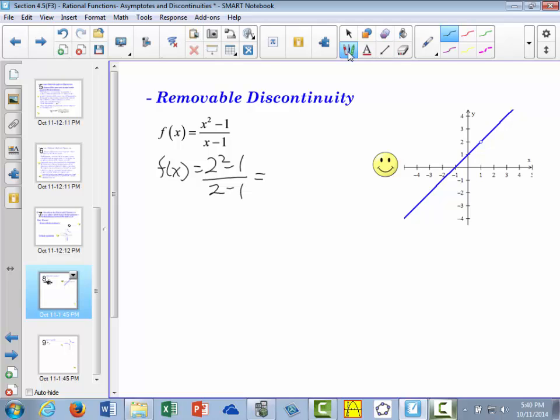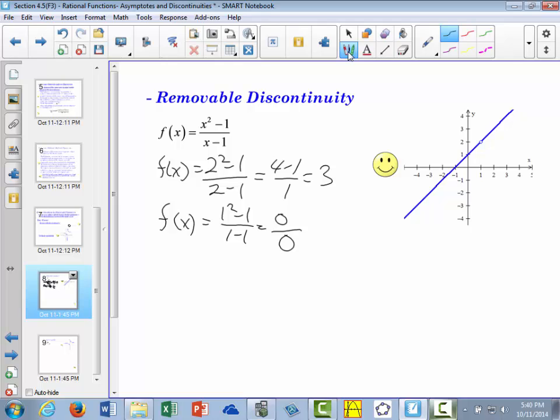So we have a nice number, 4 minus 1 over 1, which is just 3. No problem. But if we try to plug in the value 1, we can see that we're going to have a problem here. f of x equals 1 squared minus 1 over 1 minus 1. And we get this unknown quantity, 0 over 0.